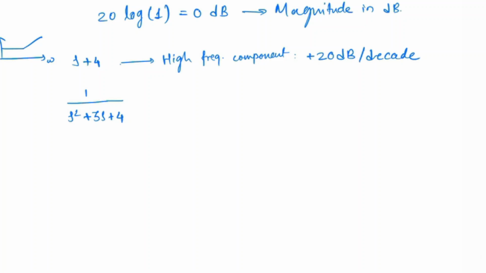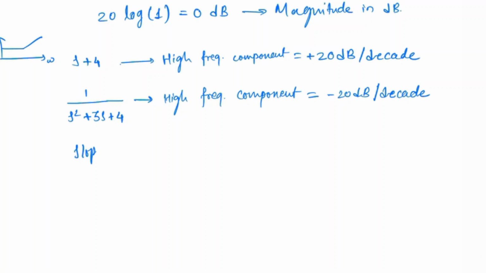Since this is a quadratic term, the high frequency component would be minus 40 dB per decade.